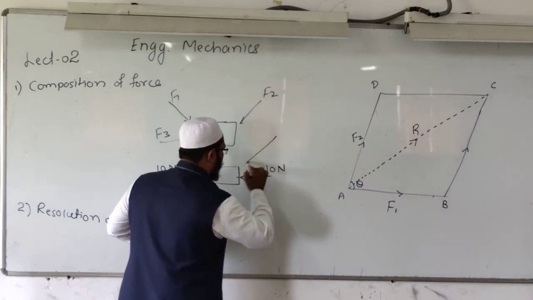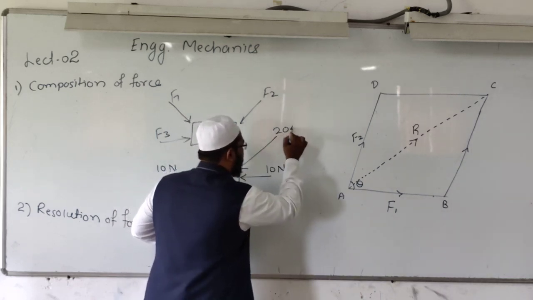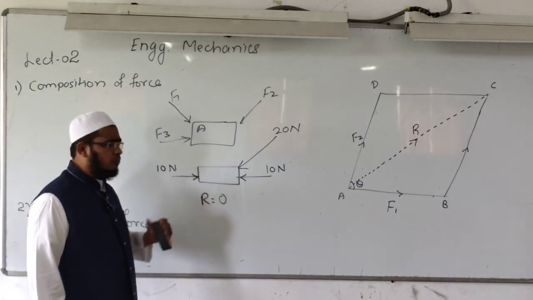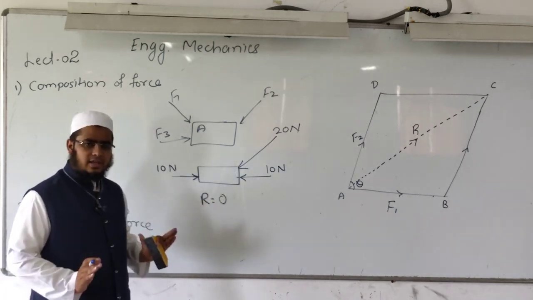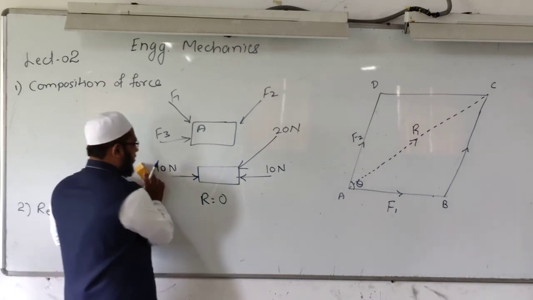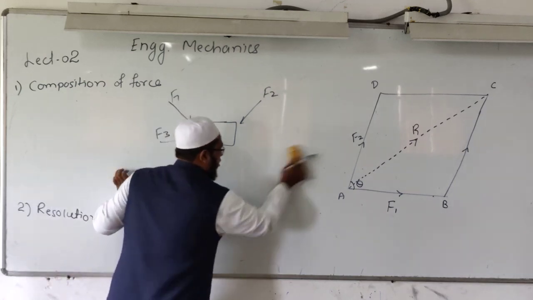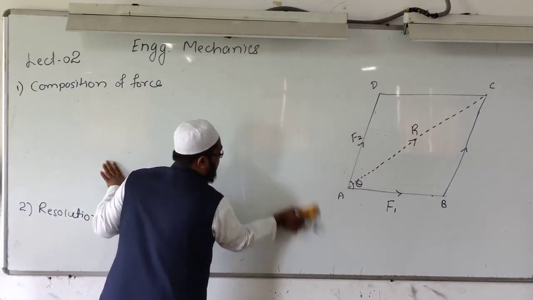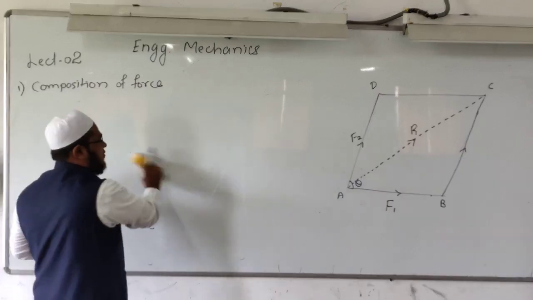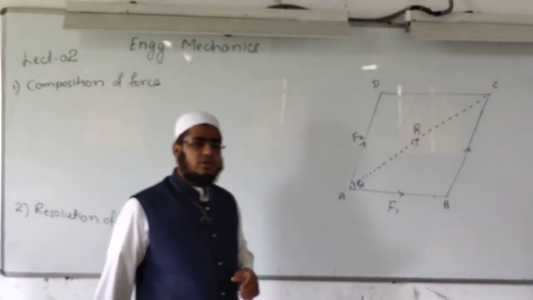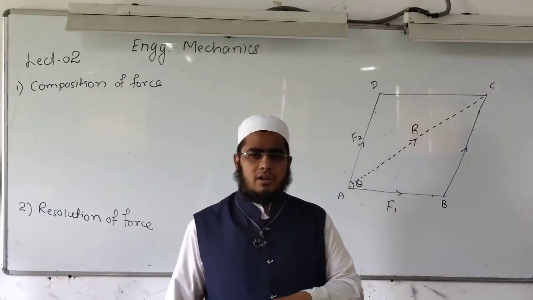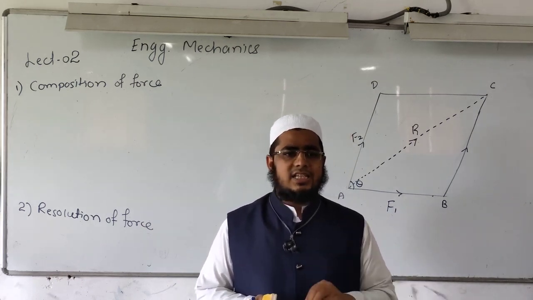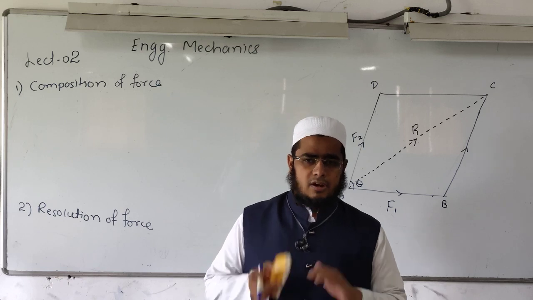But if another force of 20 Newton is acting, now it is very difficult to determine the resultant of these three forces. That's why whenever the vector quantities are not along the same line, we have to use some other methods to determine the resultant of the forces, because the resultant is very important. The final effect of all the forces acting on the object depends on the direction of the resultant of that force system.